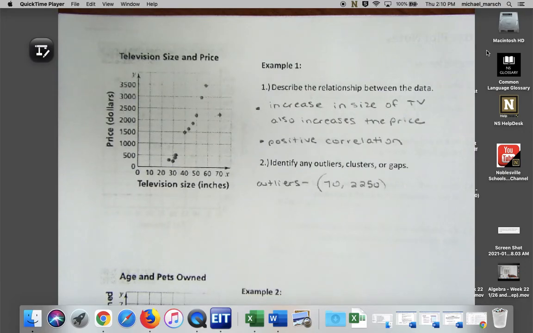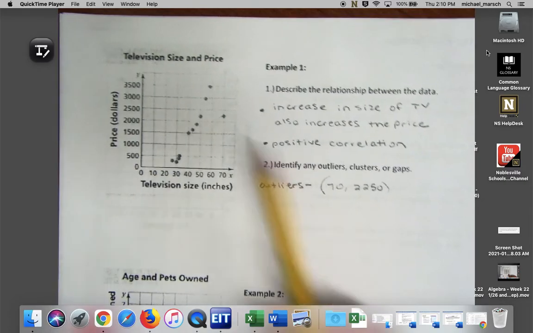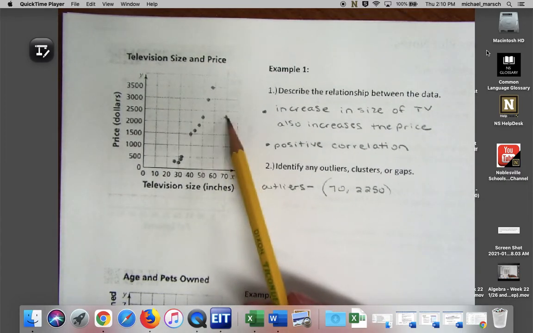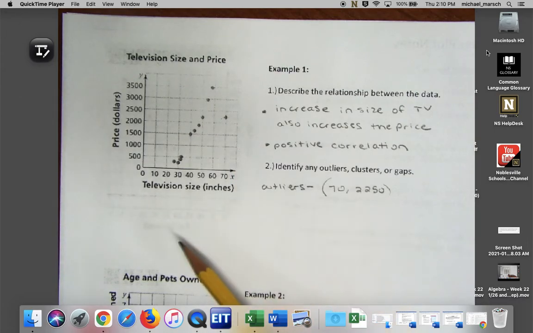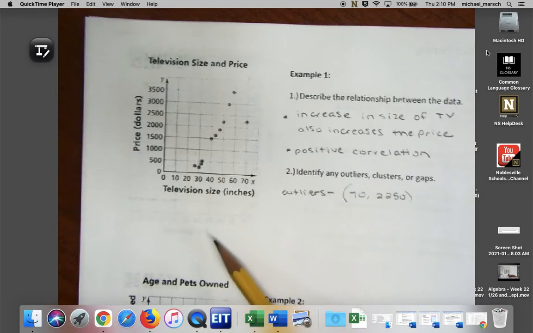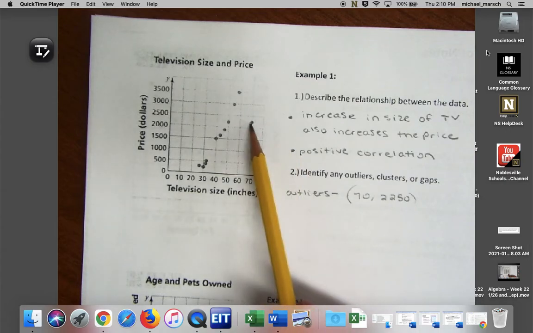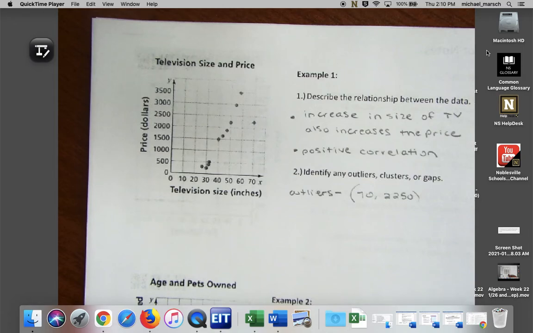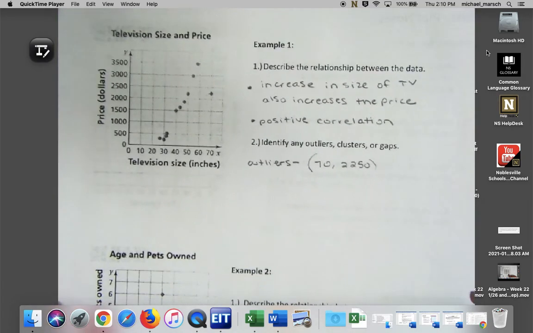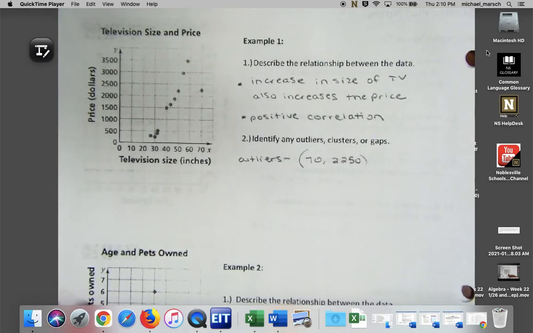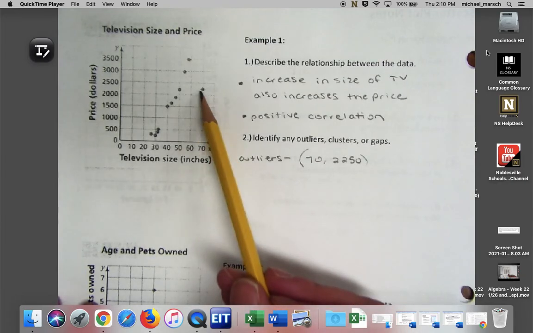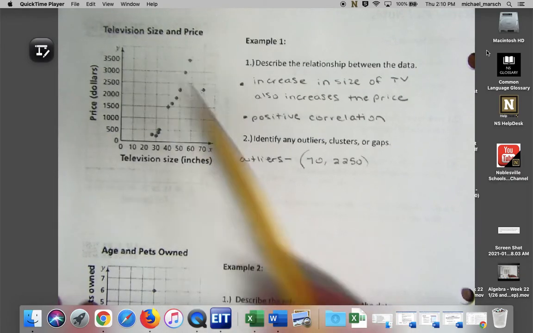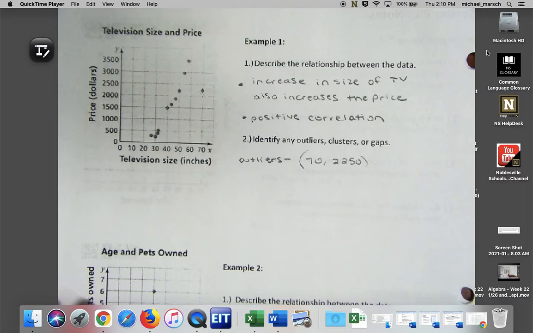It doesn't fit, right? So maybe this was an older model and they were just trying to get rid of it, so they sold it really cheap. Or maybe it was a super sale for half a day or something. Maybe they just came out with new technology, and so this one, it's a really big TV, but it's not as fancy as far as technology goes. Lots of reasons that could be out there.